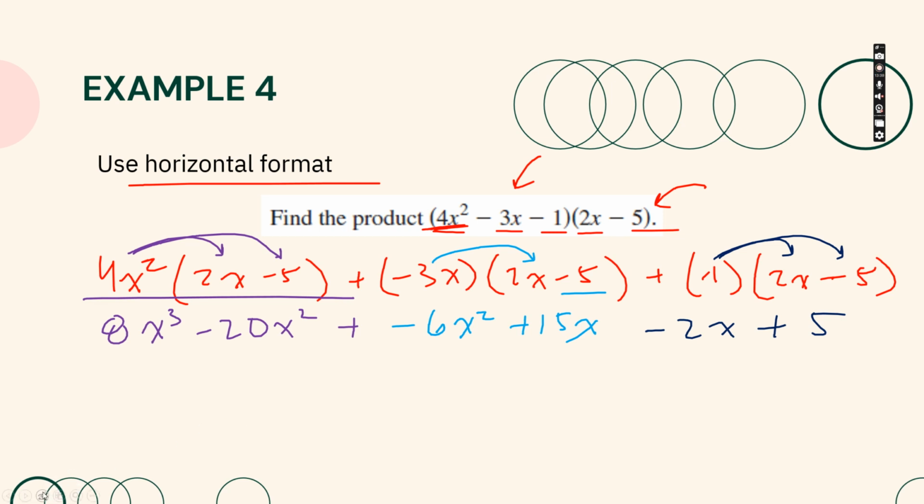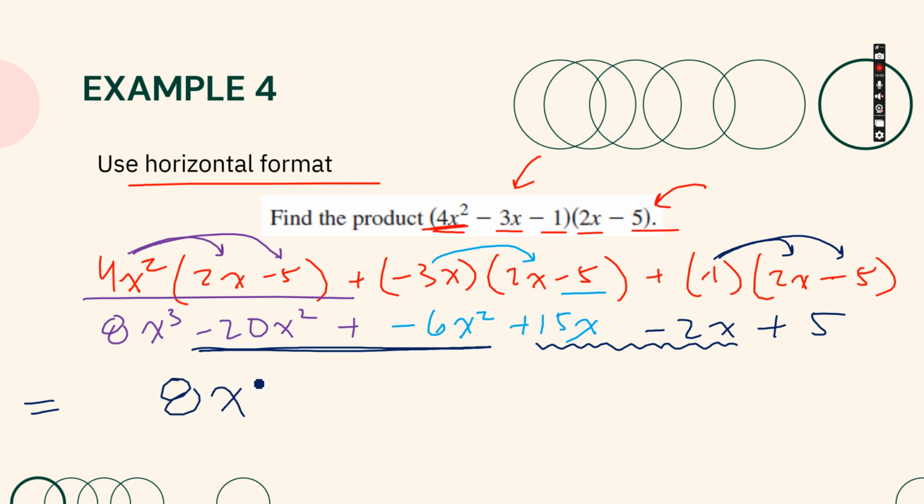From there, we're not done yet. Unfortunately, we have to simplify this. And so we have to start adding all the terms that can be added together. For example, we can add this term with this 6x squared, and also this 15x with this -2x. And so we just combine.